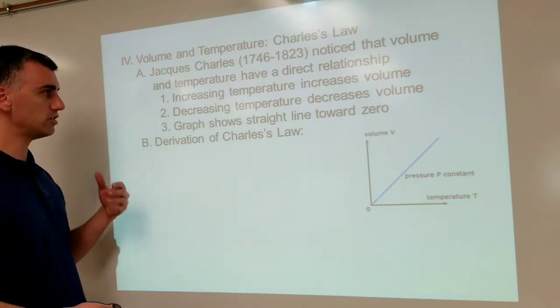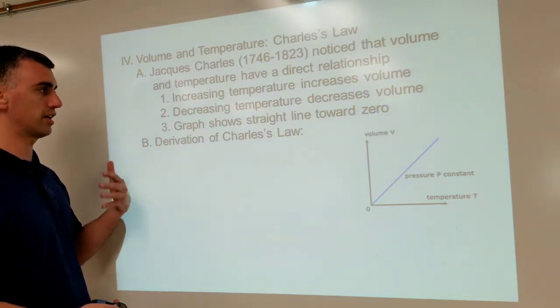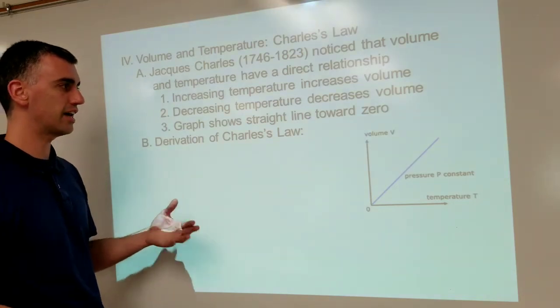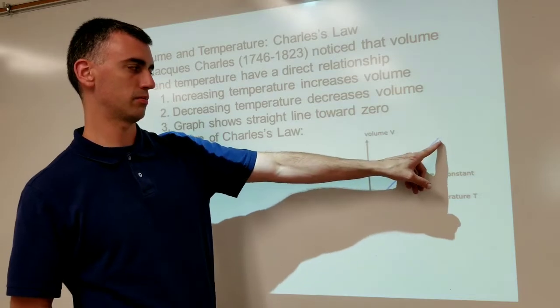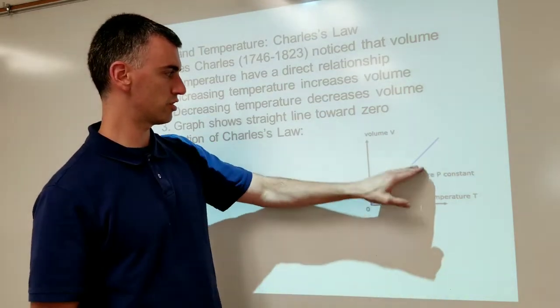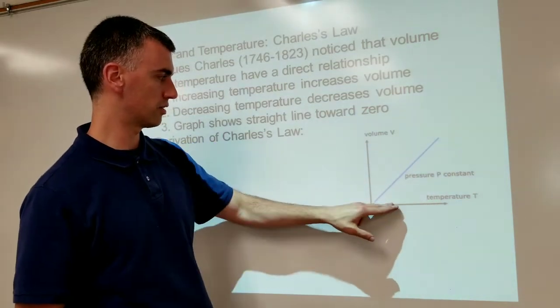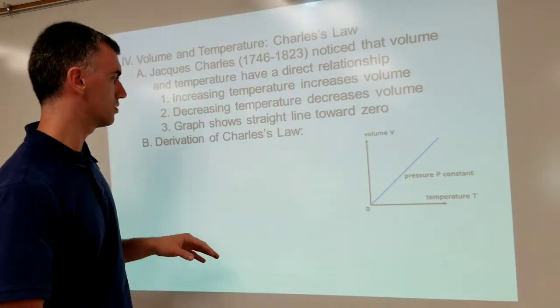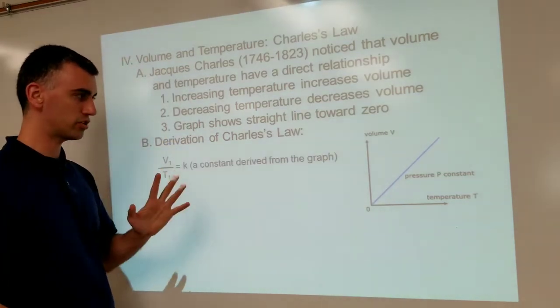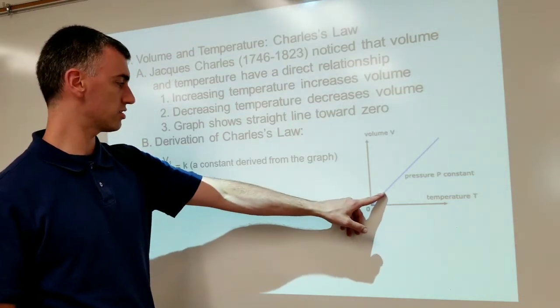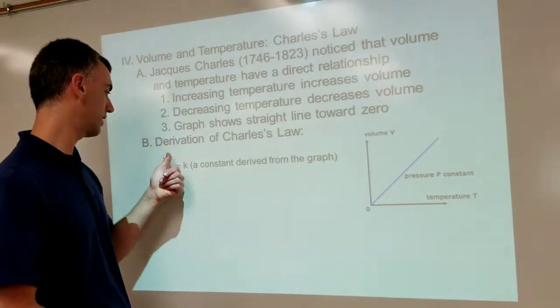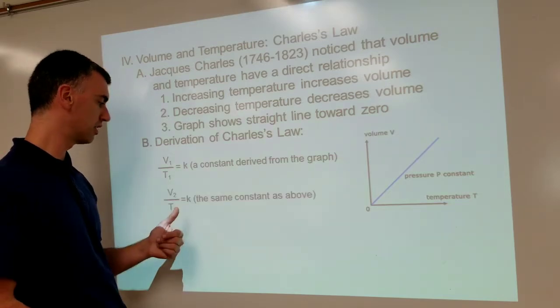Now, derivation of Charles's law. Here's what the guy did. He noticed that the colder it gets, the less the volume, and the warmer it gets, the greater the volume. Higher temperature, greater volume; lower temperature, lower volume. So he said, at any temperature, the volume and temperature that go together under those conditions, if you divide, equal a particular constant.